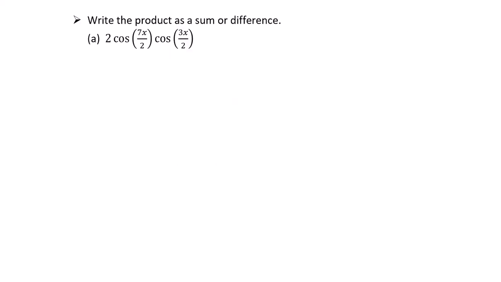Write the product as a sum or a difference. Now inside this problem, I can see I have the product of these cosine of angles, so I can use the formula that we just derived. I'll just have a 2 multiplying out front.